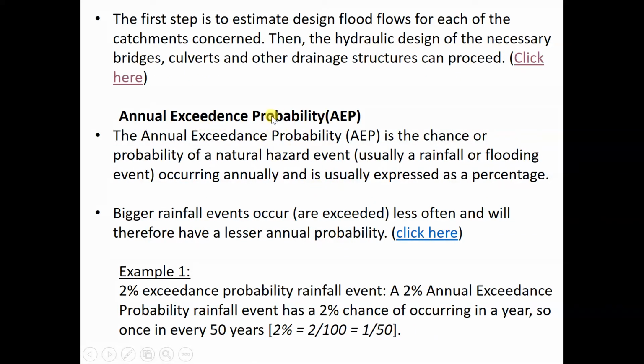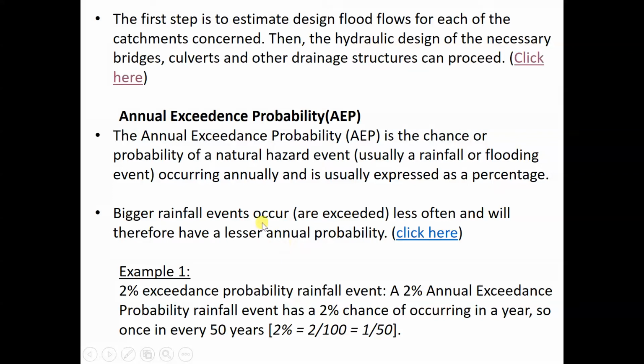So first, we need to talk about the annual exceedance probability. In short form, it's AEP. This AEP is the chance or the probability that a natural hazard can occur, and it's expressed as a percentage.